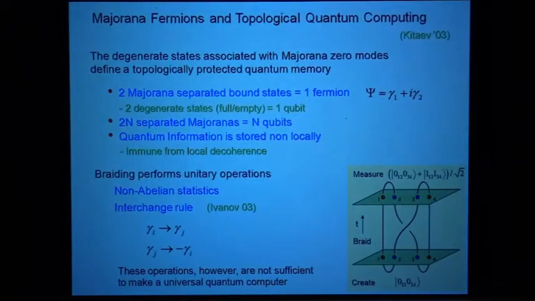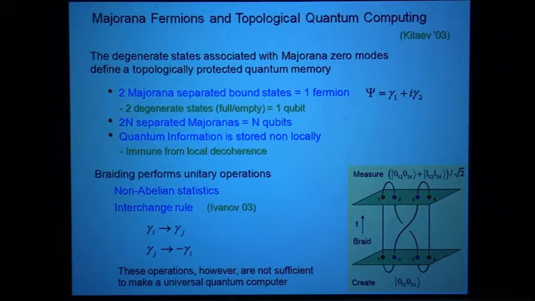Let me just say that. Kitaev's insight was that if you have a bunch of these well-separated Majorana modes, say 2n of them, then that's a way of storing n qubits of quantum information. The beauty of this is that if the Majorana modes are well separated from each other, then the quantum information is stored non-locally, which means that if you just look at one of them, you can't measure the state that that qubit is in.